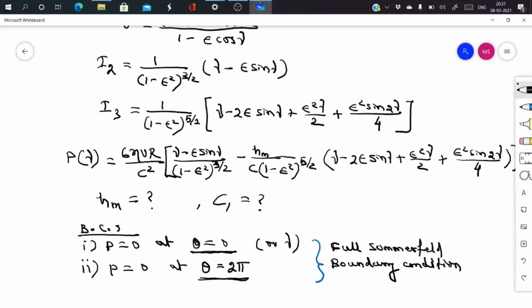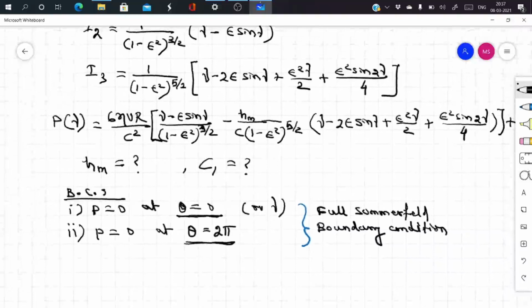This is a trick, because there is no boundary in case of a circle, as you are measuring in the polar coordinate system. There is basically no boundary, but your measurement starts from theta equal to 0. So if you assume P to be 0 there, obviously theta equal to 0 is equal to 2 pi, so P will also be equal to 0 at 2 pi.